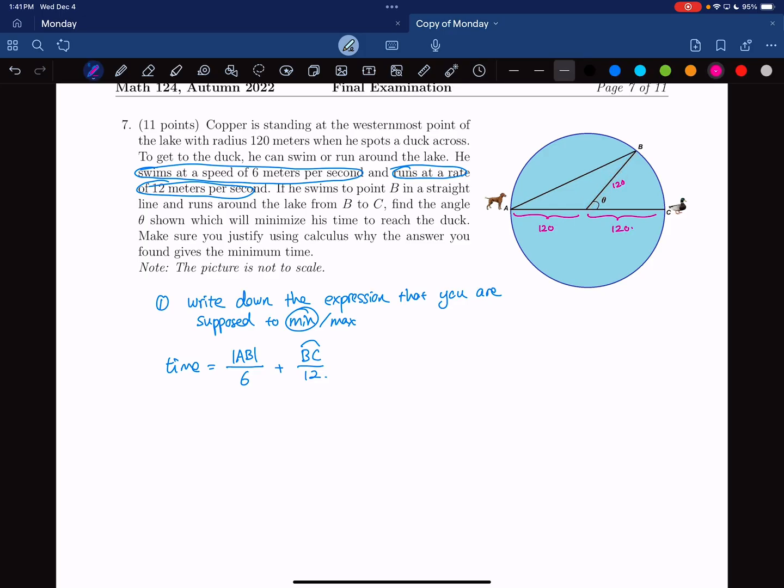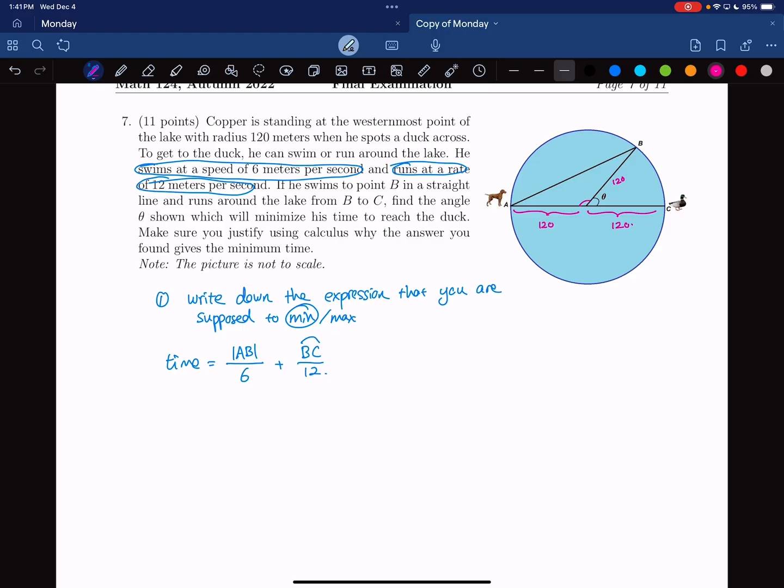And this angle here is going to be 180 minus theta, right? Because the whole angle here is 180 degrees, or pi. So this here is going to be pi minus theta. Does that make sense? So that's the information I have.